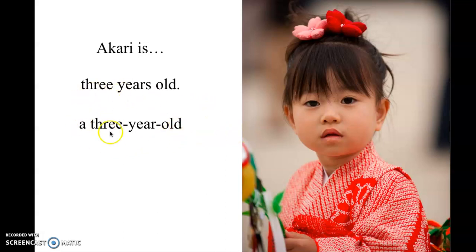So this would tell us about girl, right? This is very difficult for students, but basically if we're using it as one adjective, it's going to be like this. If we're talking about the specific number of years or weeks or days old, it's going to be the three separate words.